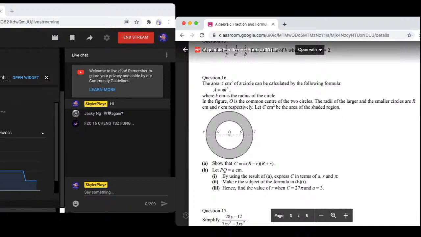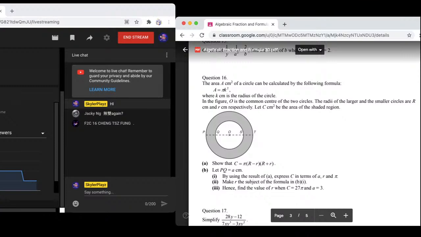how to do A. Therefore, C equals A squared pi plus 2A pi r. Make r the subject. So, 2A pi r is equal to C minus A squared pi, and therefore r is equal to C minus A squared pi divided by 2A pi, and that's our answer.